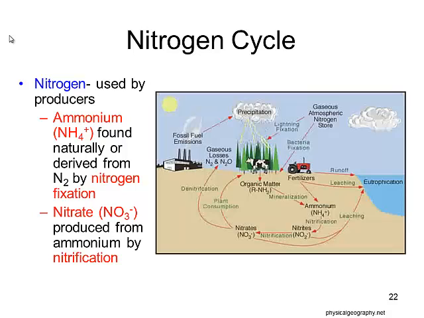Another very important cycling of nutrients is nitrogen. Nitrogen is extremely important for us to make our proteins, and proteins are important in making muscle. So nitrogen is used by producers. We see it in the form of ammonia, NH4, found naturally or derived from N2 by nitrogen fixation.